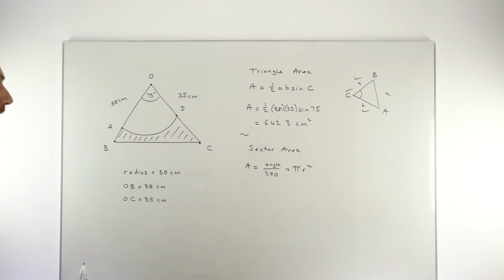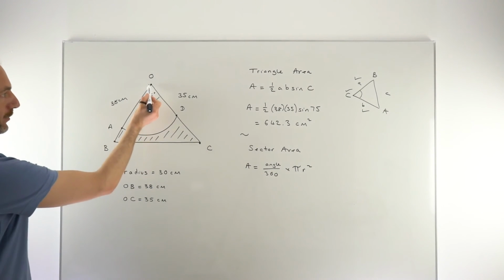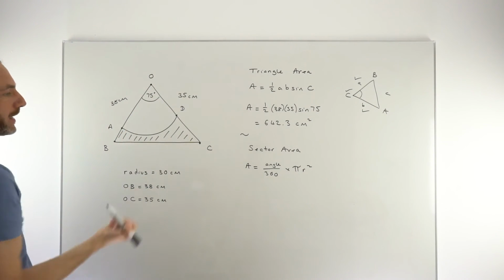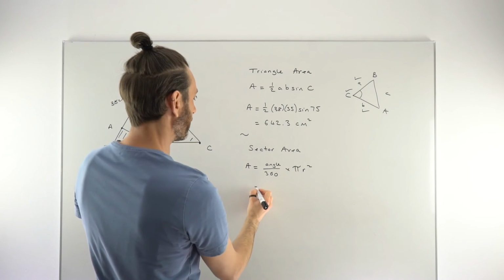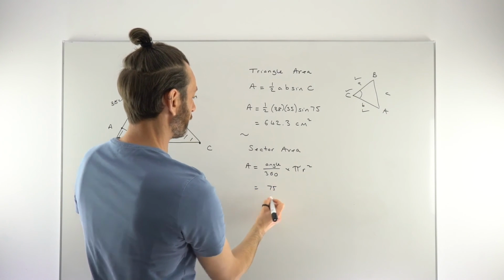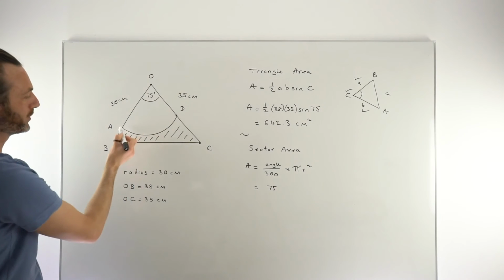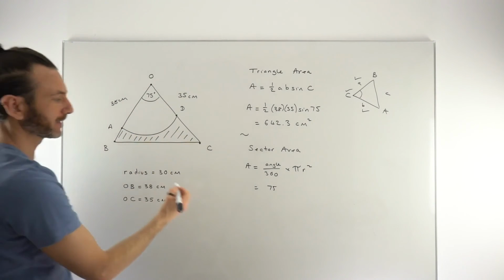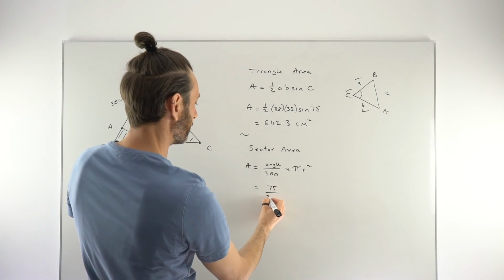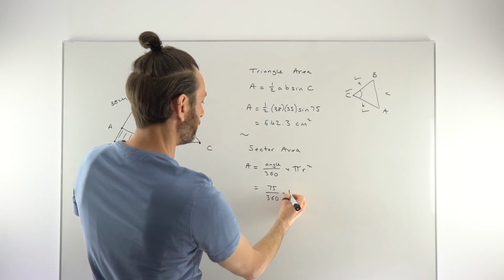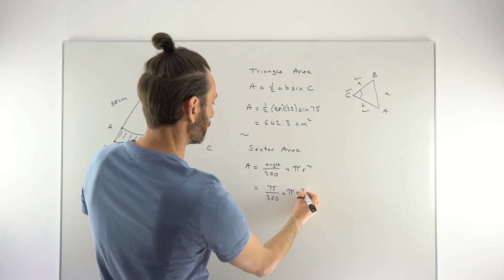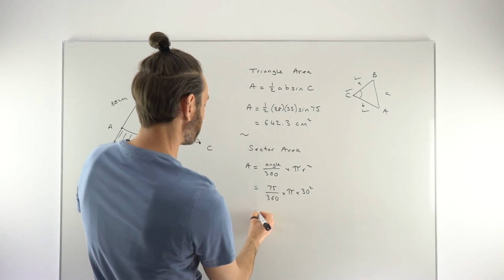So just need to know that. The question tells us that the radius, so here to here, is 30. So we've got that. We've got the angle, which is 75. So we're putting our attention now onto O to A to D, working with the sector. So that's 75 over 360 times pi times the radius, which is 30 squared.